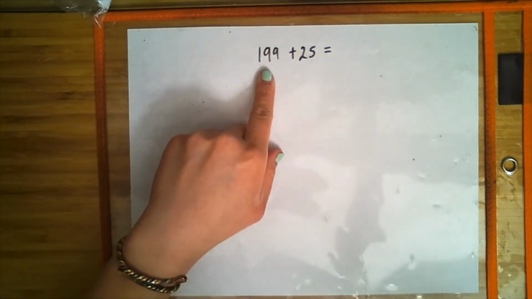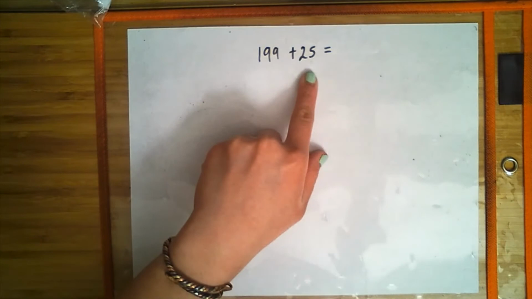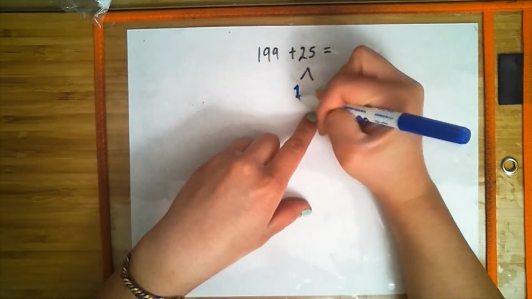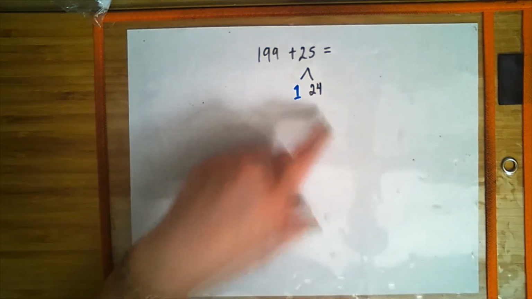How far away is it? It's 1 away. We're going to decompose or break up the 25 with a mini number bond into 1 and 24.